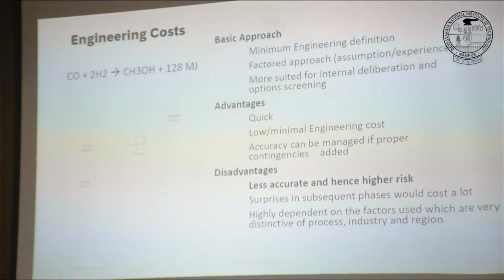You do not know how many control valves you need. You don't know how many safety valves you need. You do not have any detailed process flow diagram or any other documents. So with the minimum engineering definition, you apply this factor approach, which is nothing but factors based on your assumption and your experience, right?